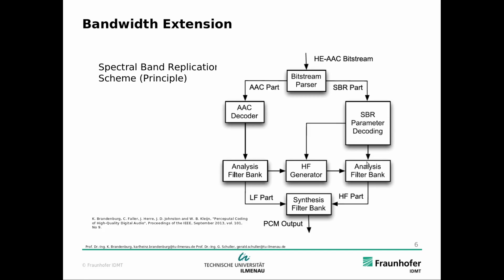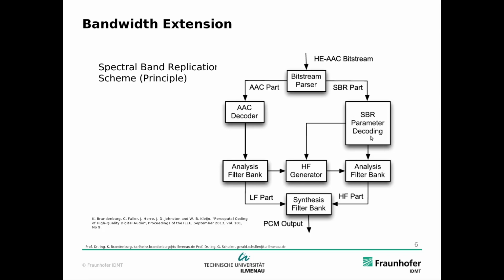This also goes into the same type of filter bank, but now it also has this information for the high frequency generator, right? So this is where the transposition happens. So it takes the low frequency audio, which is reconstructed on the left-hand side, transposes it to the high frequencies, and inserts it into the subbands of this filter bank for the high frequency subbands.